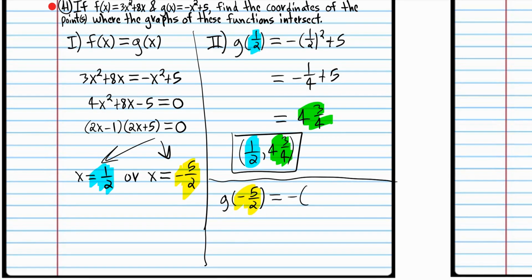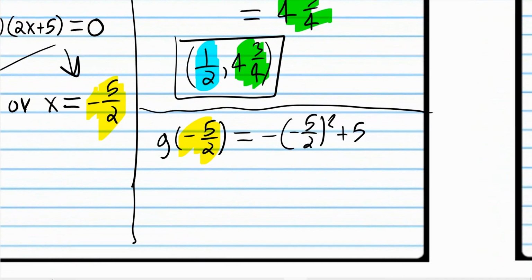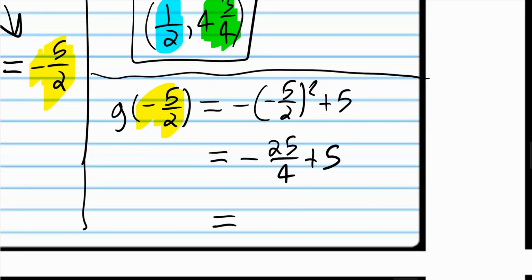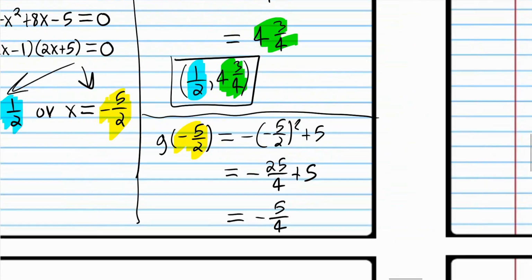We have a negative 5/2 squared plus 5, and that's going to be negative 25 over 4, and that is equal to negative 5 over 4.